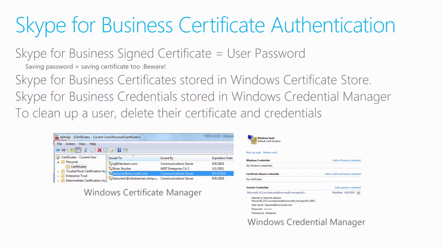In the personal certificate store, you can see this certificate. It's issued to, in this case, bstucker@microsoft.com, and it's issued by the communication server. You can also find it in the credential manager. You can see that on the right side. Again, same information, different credentials.